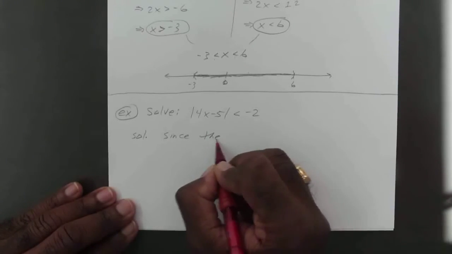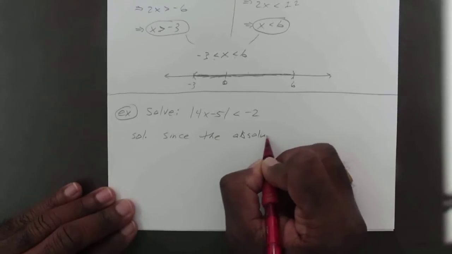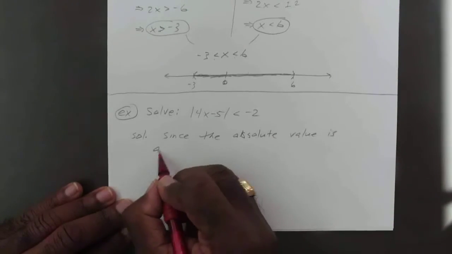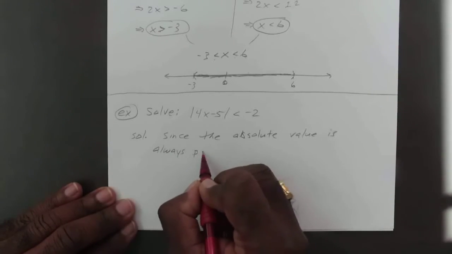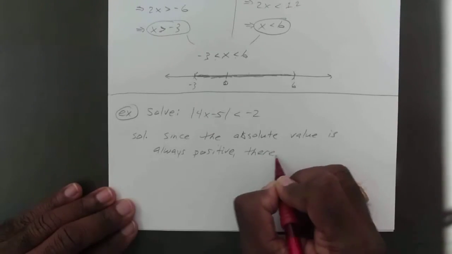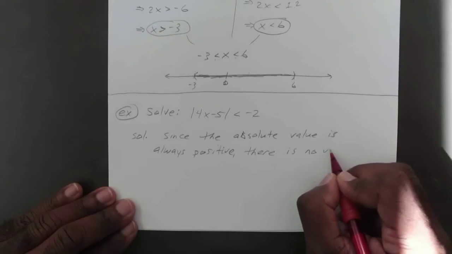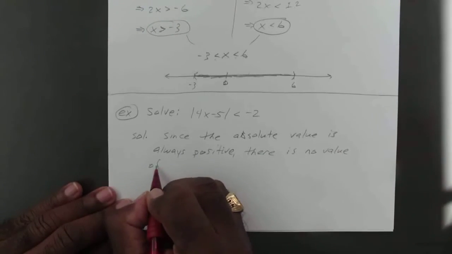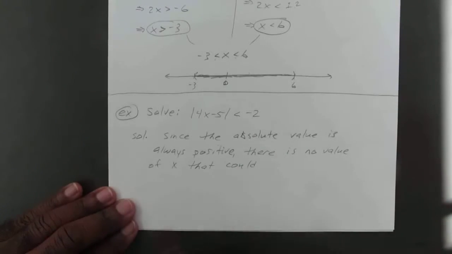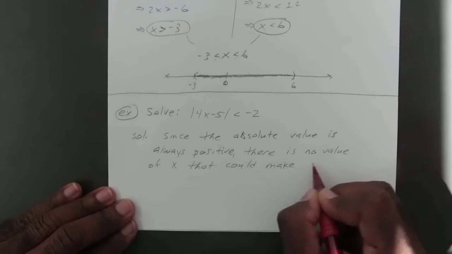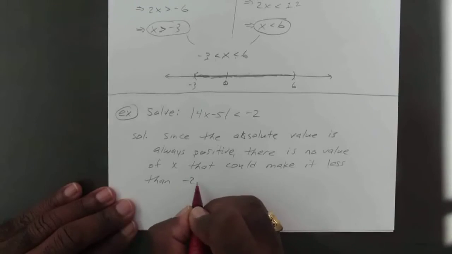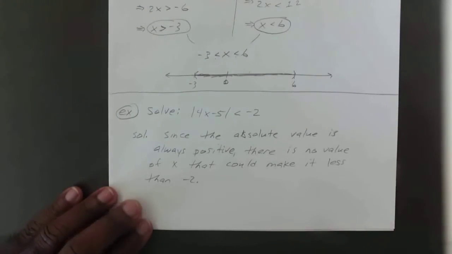Since the absolute value is always positive, there is no value of x that could make this less than -2. Okay, so your answer is actually just no solution.